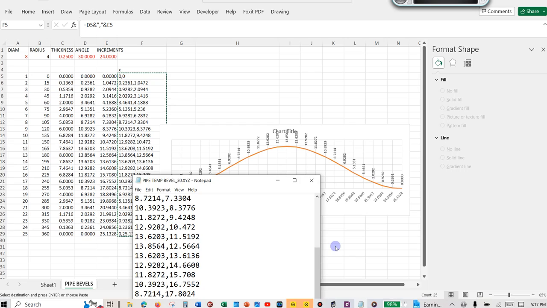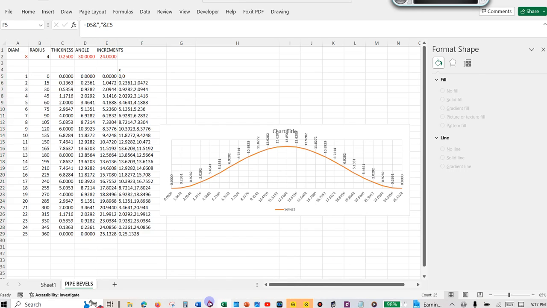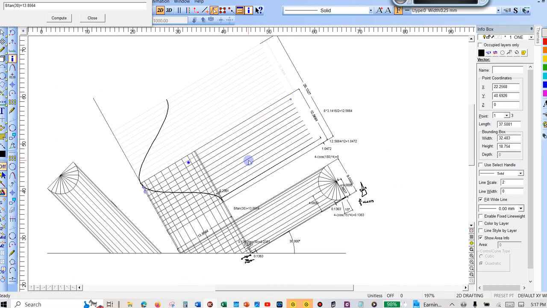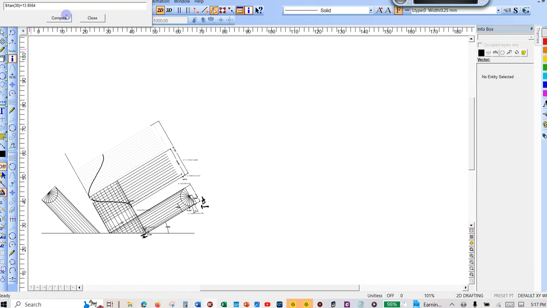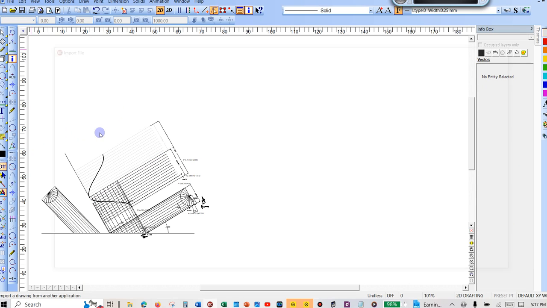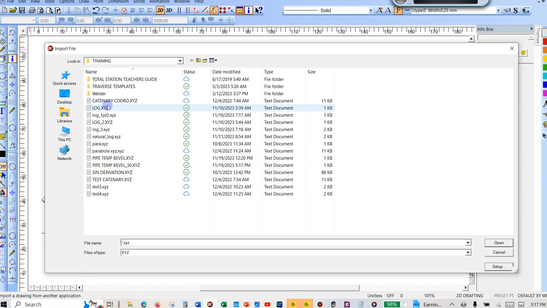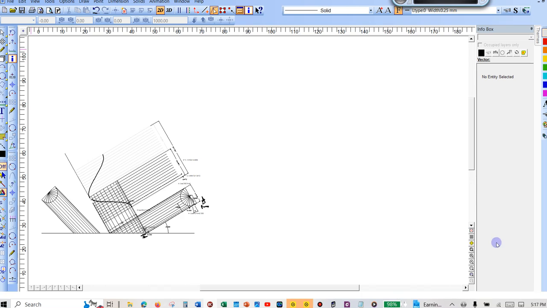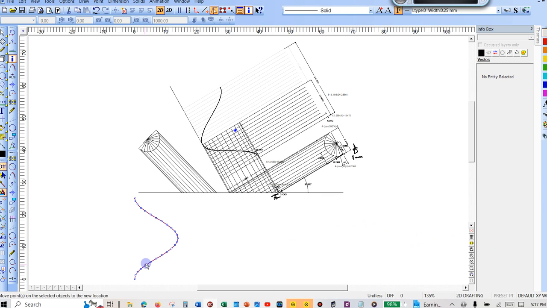And then I'm going to go back to this program here, and we'll just check it, right? So file, import. Type 30. Open. And then there's the thing, right? So this just made your image of that.